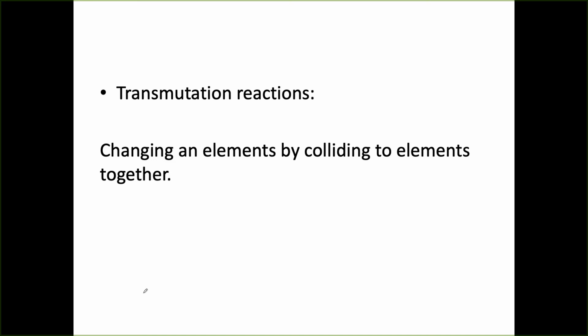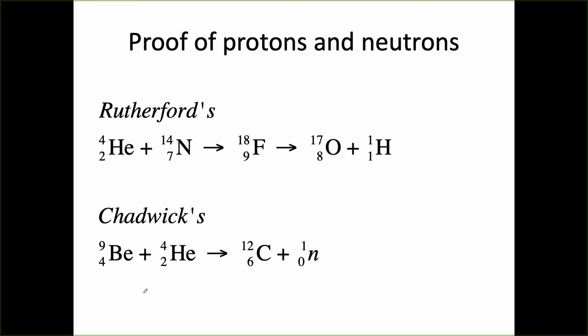And we found out about these in the 1900s, and I'm going to show you two that helped us figure out the actual parts of the nuclei. First, Rutherford's experiment. All they were doing was taking helium alpha particles. Remember, this is an alpha particle. And they were hitting nitrogen gas.